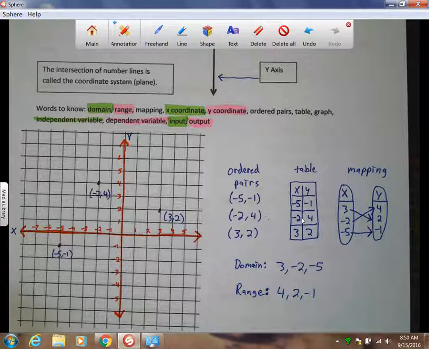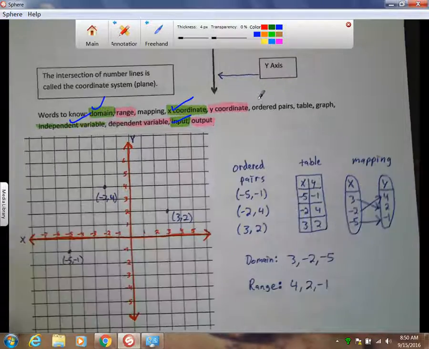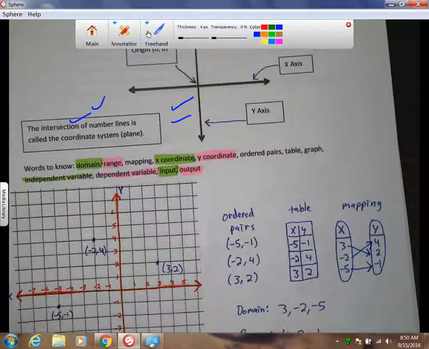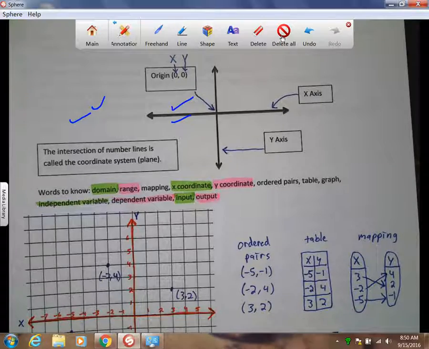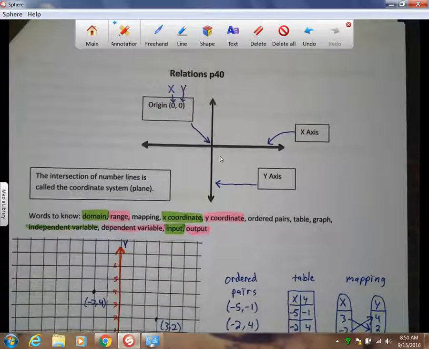Make sure you know that. Know how to use the coordinate plane. Know this list. You need to know the domain, independent variable, x-coordinate, input. Those are all the same. You have to know those. I'm going to use that a lot. And then all these things you need to know.